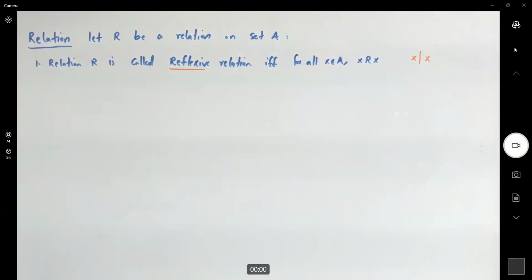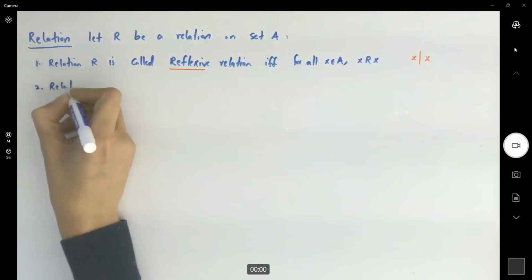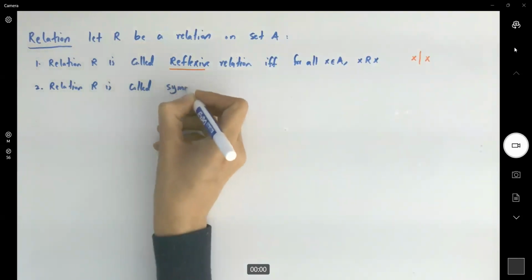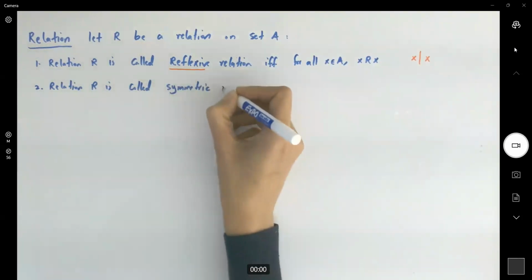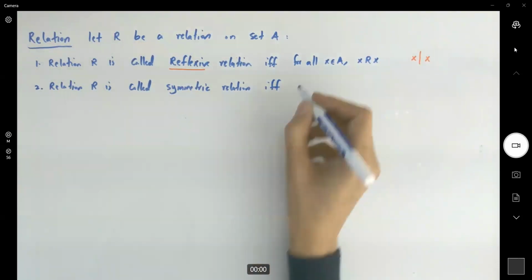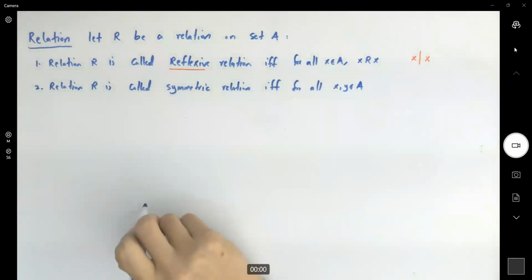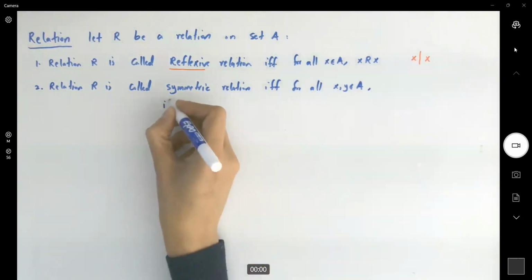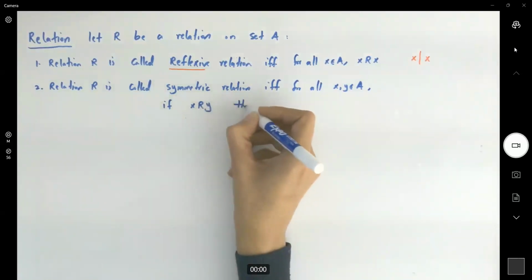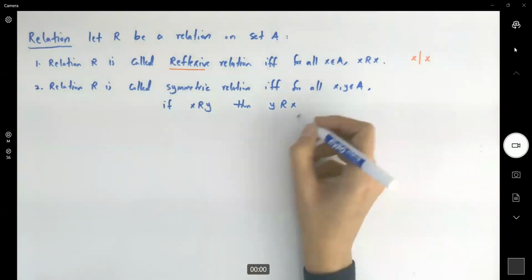You see that a relation is symmetric. So relation R is called symmetric if and only if for all x and y in set A, if x is in relation with y, then you can conclude that y is also in relation with x.